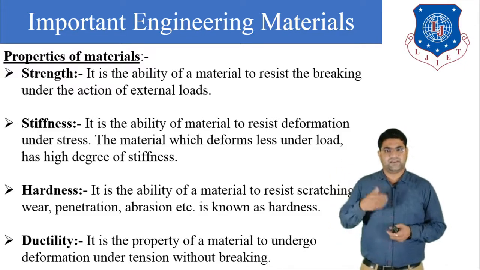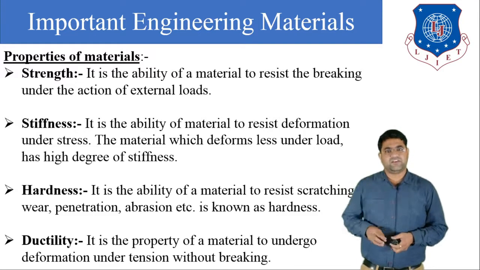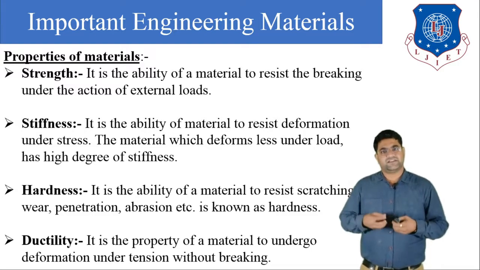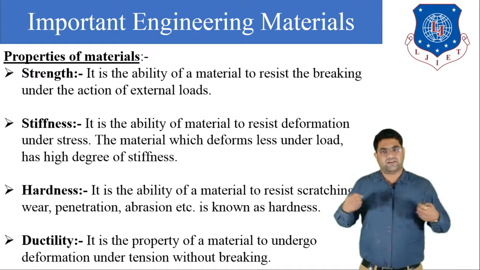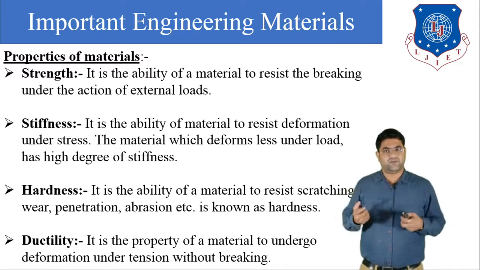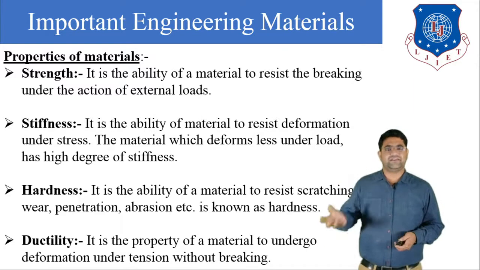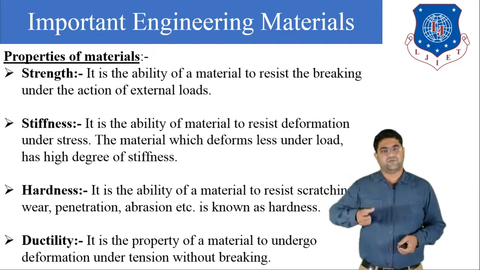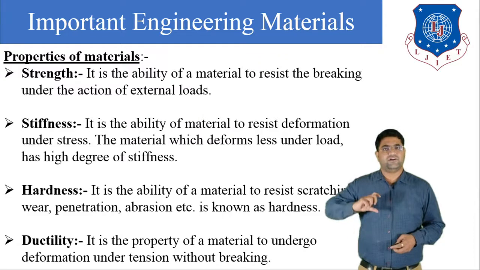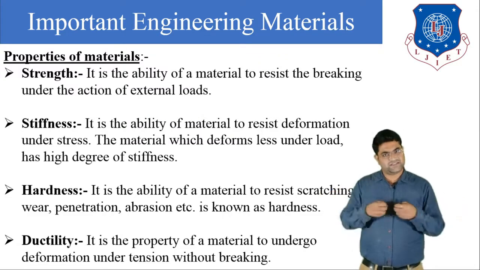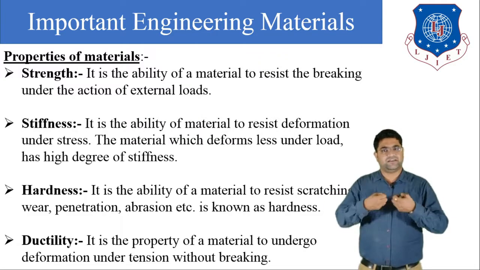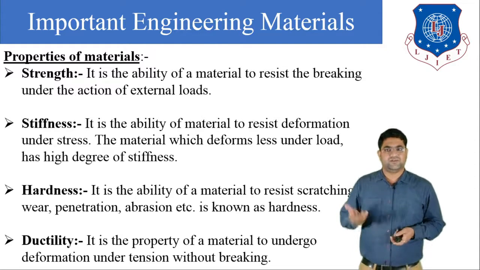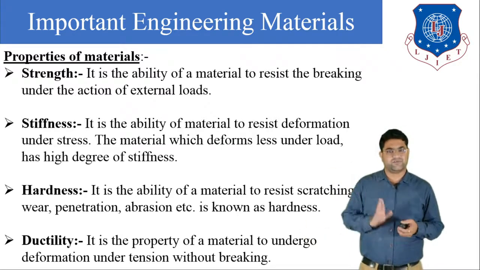Let us take one example. The ductility of copper is very high, so we can stretch the copper and convert the rod into wire. So we can also say that ductility is the property of the material through which we can convert a rod into wire by stretching it, or by applying tensile force over it. This is the simple definition of ductility.